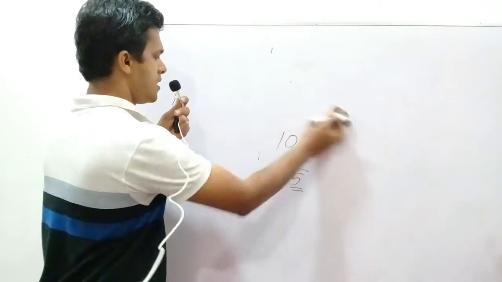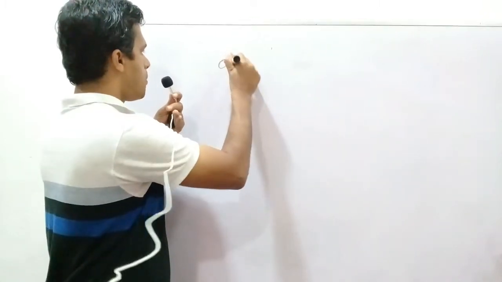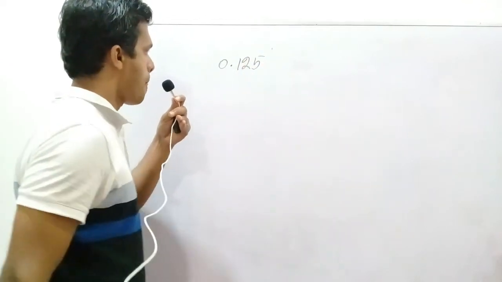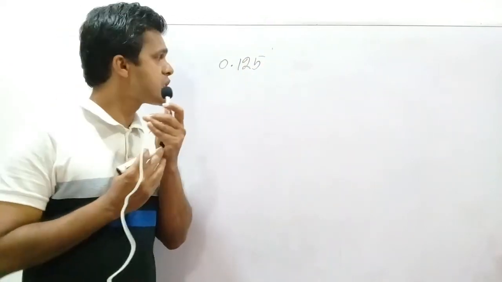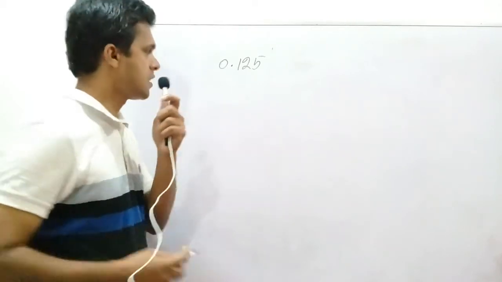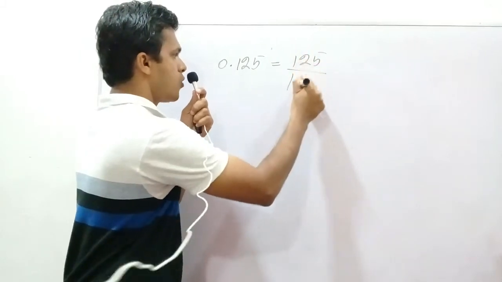The decimal number 0.125. First question, this one should be converted into a fraction. 125 over 1000.